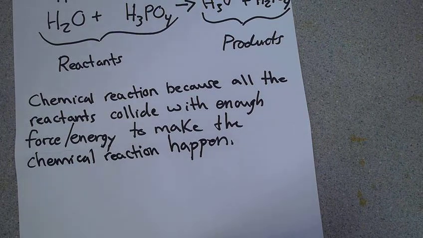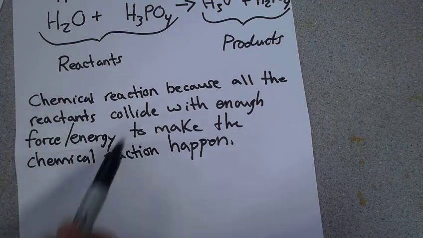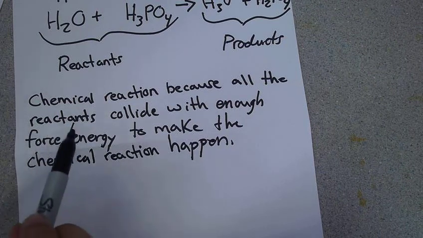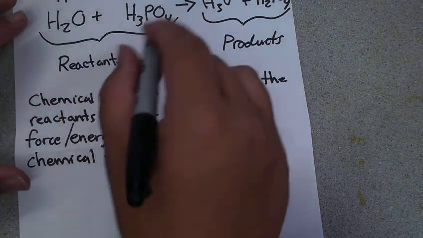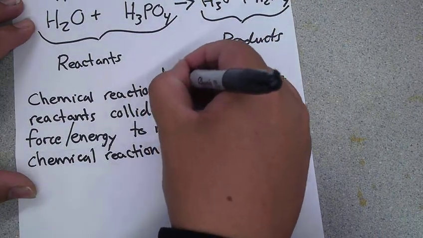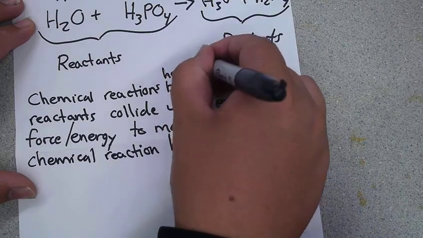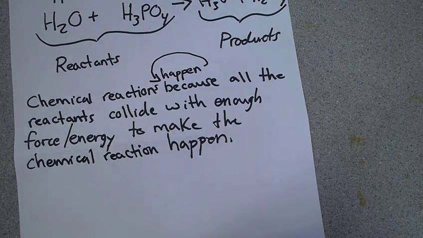If we want to think even just hypothetically about what can change the speed of a chemical reaction, we can focus in on the force and energy part of that sentence. So let's read the sentence one more time. Chemical reactions happen because, holy cow guys, it wouldn't be me without some sort of awful spelling mistake.